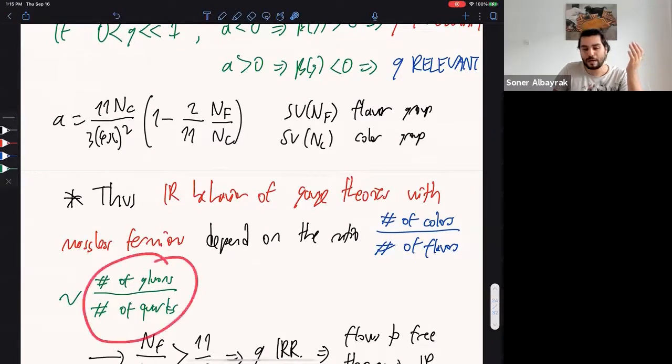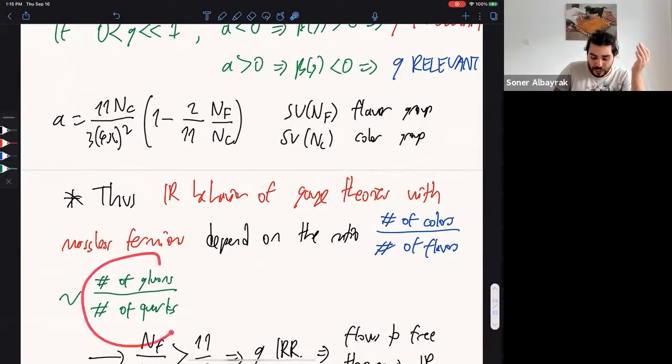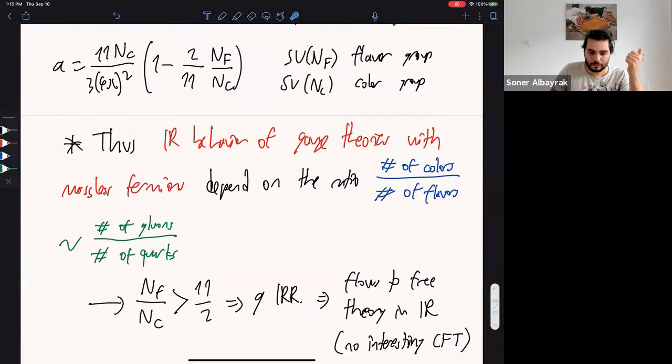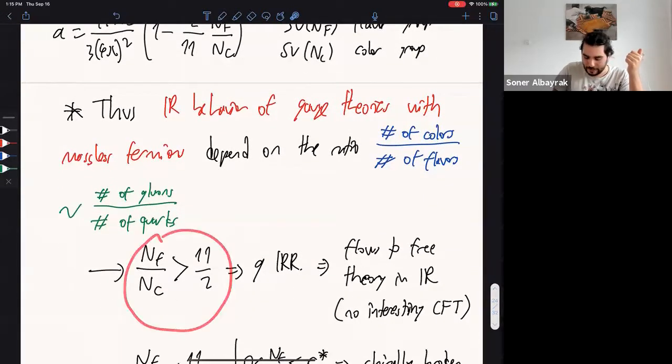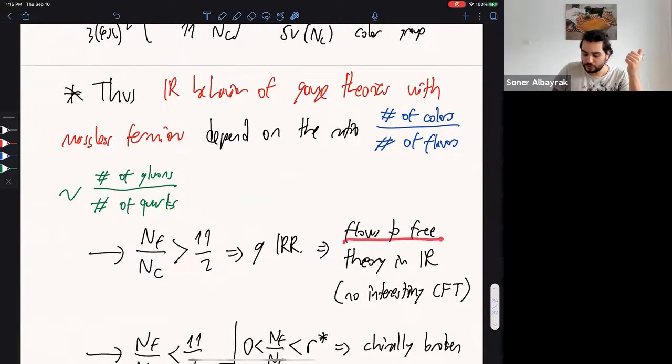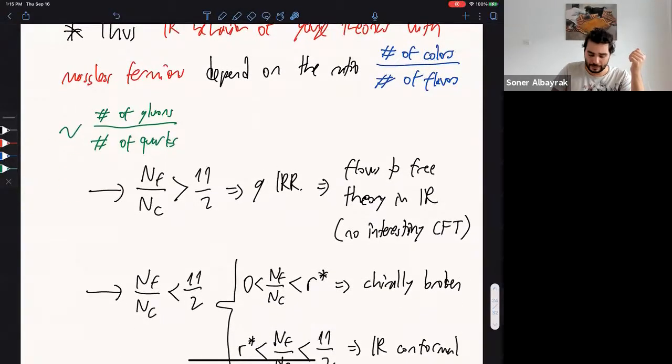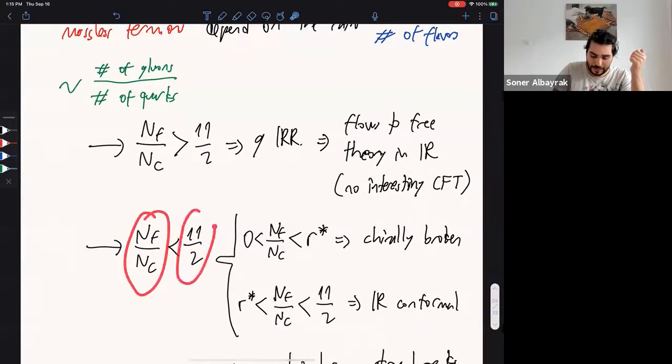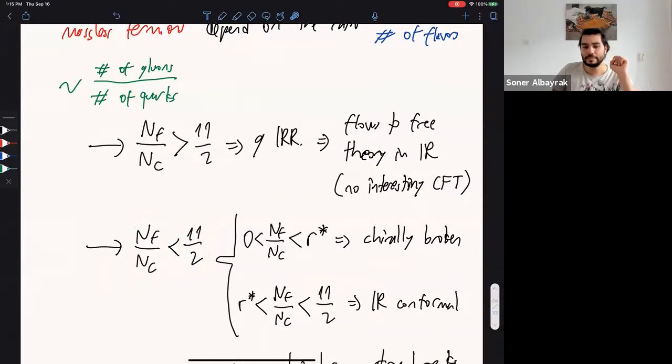If this ratio is higher than 11/2, it will be different. Too low, it will be different again. If the ratio is like this, then g is an irrelevant direction, so we flow to the free theory in the IR. Because it goes back to the Gaussian fixed point, which is the free theory, there is no interaction. On the other hand, if this ratio is less than 11/2, well, there are two cases.